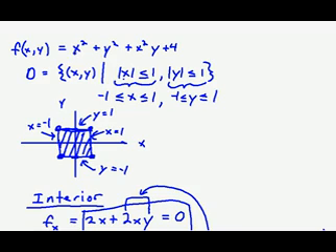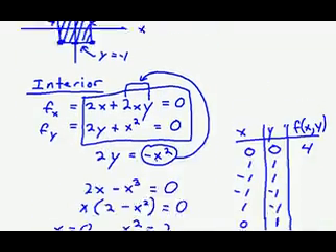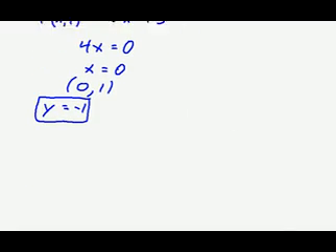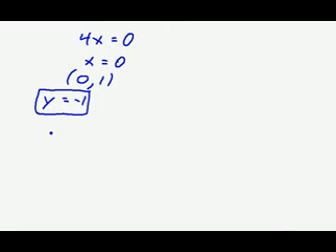Because if y is negative 1, you get x squared minus x squared here. Then negative 1 squared is 1, plus 4 is 5. I actually get 5 for the function value. So f(x, -1) is going to equal 5.